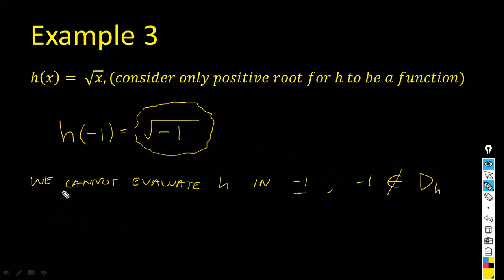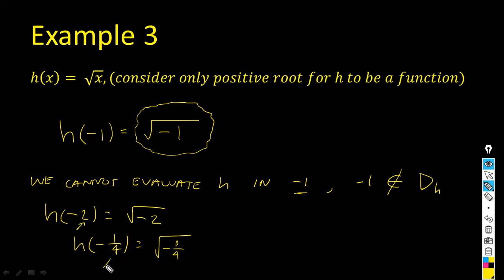The same is going to happen every single time you want to evaluate the function in a negative number. Also, minus 2 is not part of the domain. Also, minus 1/4. I cannot take the square root of any negative number in the real numbers. So all of these numbers are disqualified to belong in the domain of h.